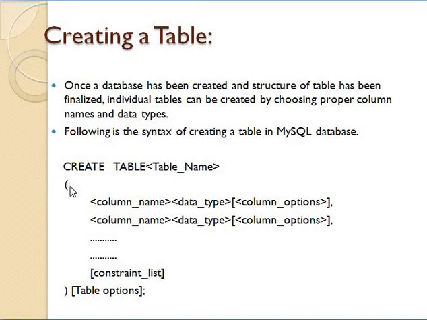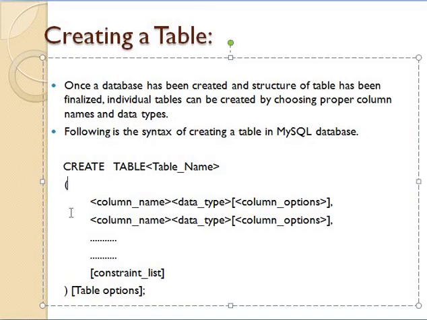Then below, you have the body of the table for which you have to specify the column names along with their data types. The body of the table is enclosed between the opening brace, that is this one, and the closing brace, which is this one, and this section comprises the body of the table.